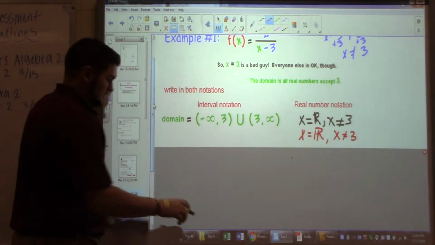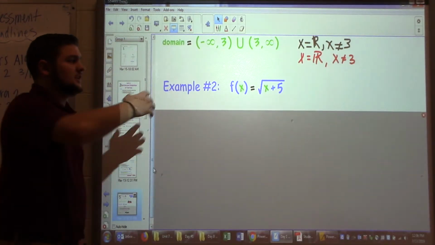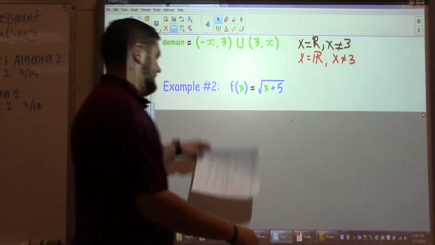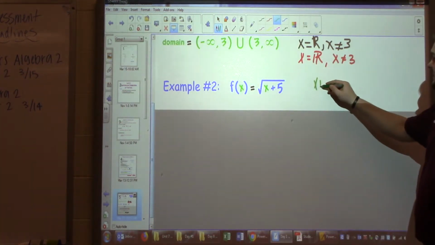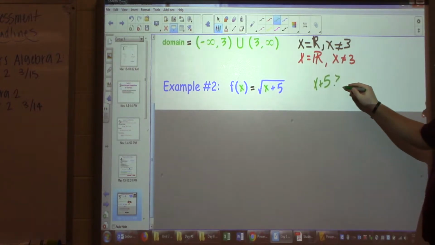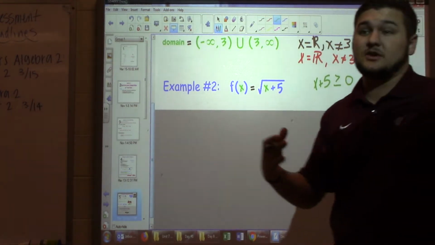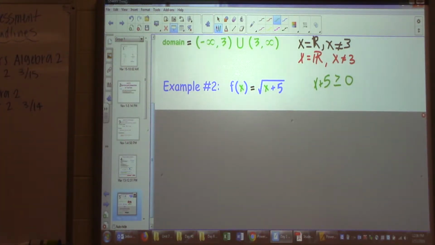Alright, there's another one on here, isn't there? The second example, f of x equals square root of x plus 5. What about a radical? It can't be negative, right? So what I would do then is take whatever's under my radical, in this case x plus 5. I will set it greater than or equal to 0 to find my restriction, because I know it can equal 0, that's fine. And it has to be a positive number.